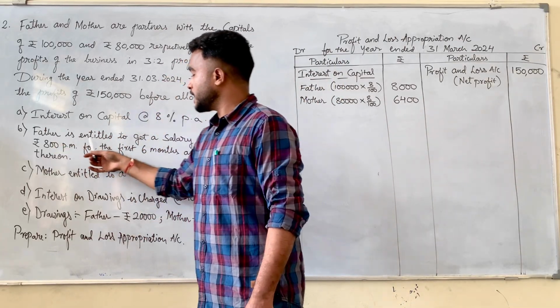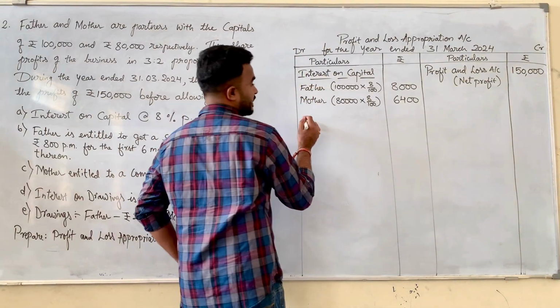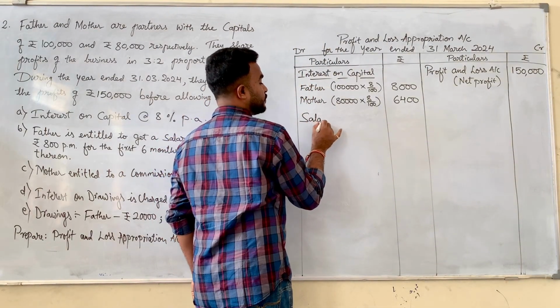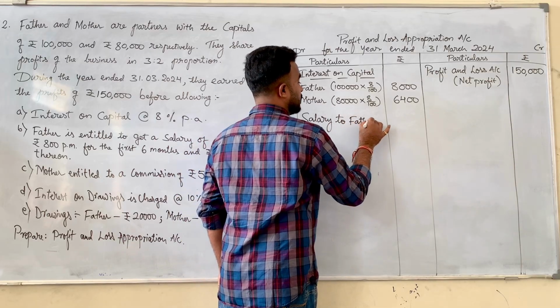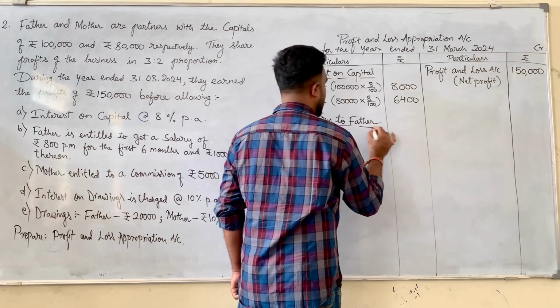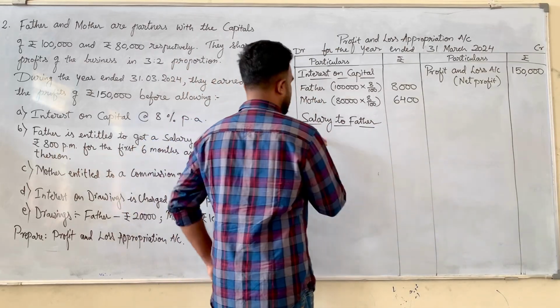Second one, father is entitled to get a salary. So who should get salary? Father. So salary to father. But they did not give directly. They had given calculation like 800 per month for the first 6 months.